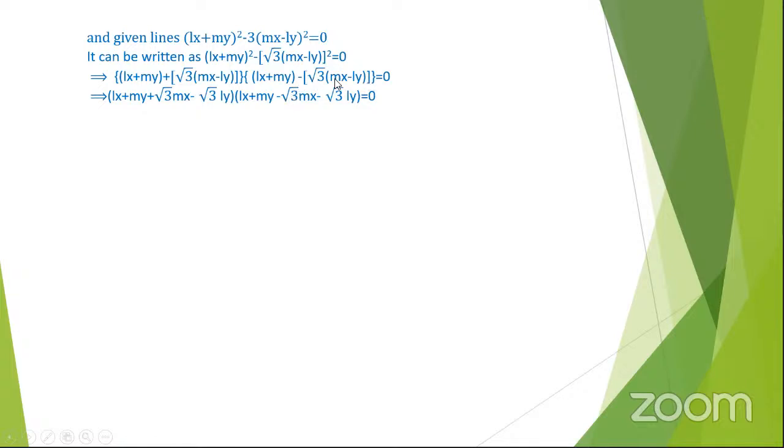Minus into plus is minus, root 3 Mx, minus of minus gives plus root 3 Ly. Therefore, we get Lx plus √3 Mx plus My minus √3 Ly. That is, we are taking the x terms and the y terms together: Lx minus √3 Lx plus My minus √3 Ly.